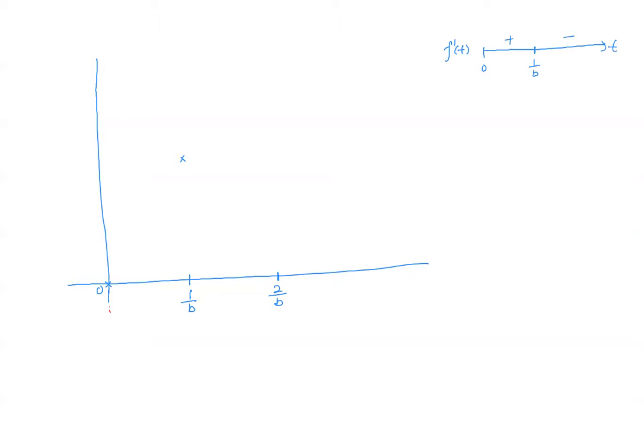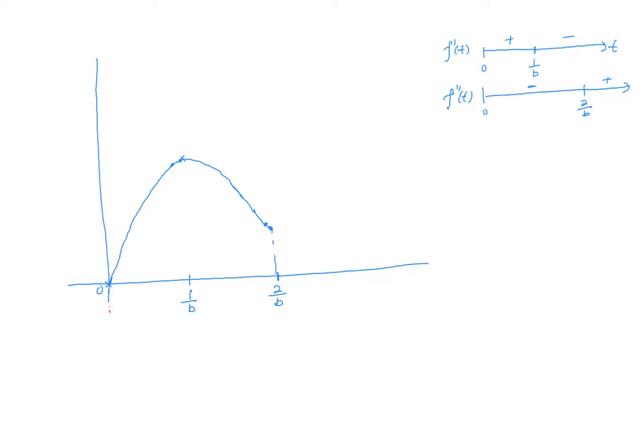So in this part, the graph is going up. And in the f double prime t sign diagram, here is negative, here is positive, meaning here f is concave downward. So it goes up, then after that comes down until this point. Up to you, I don't know what the value is.